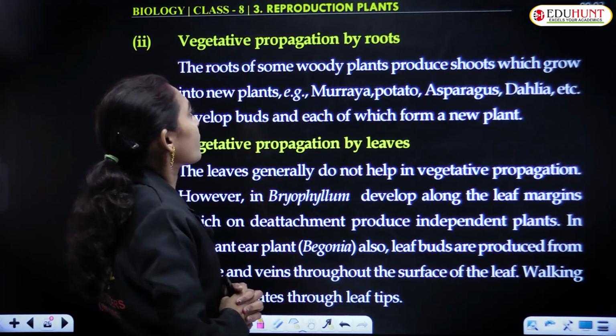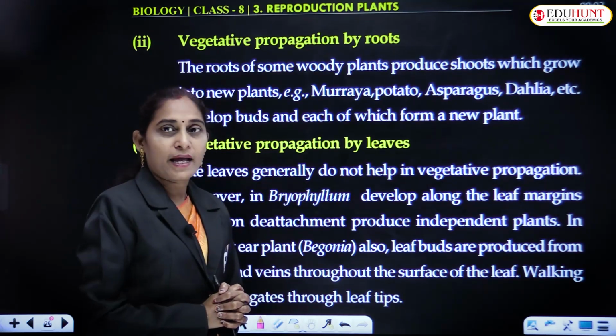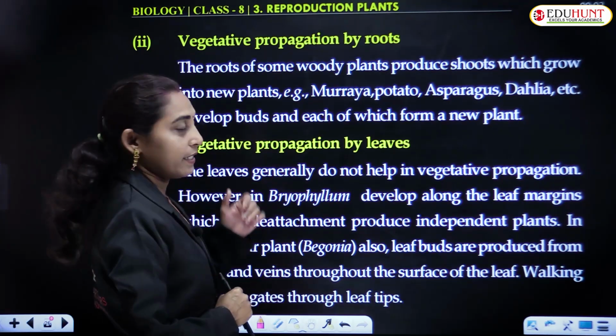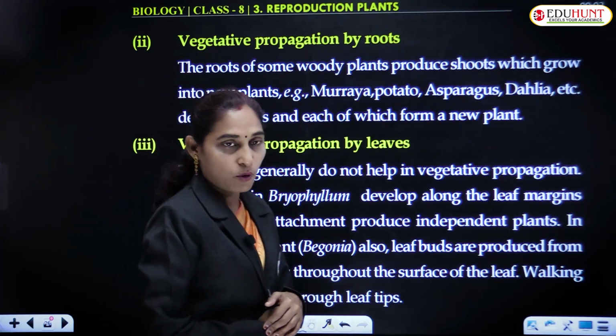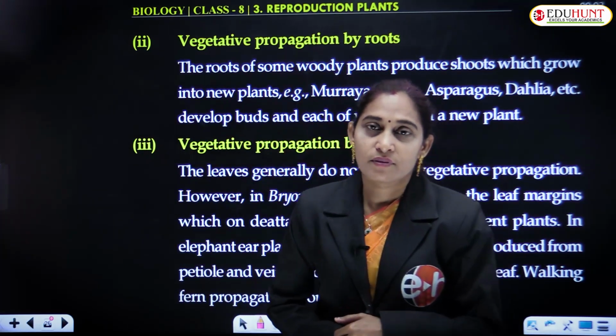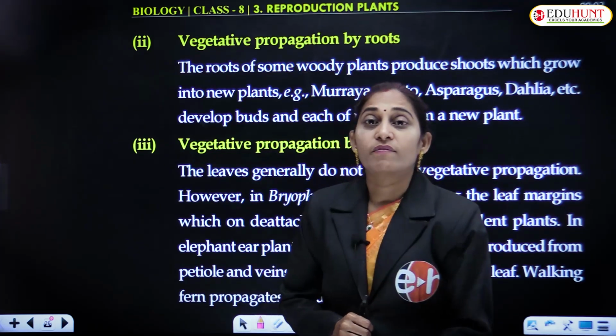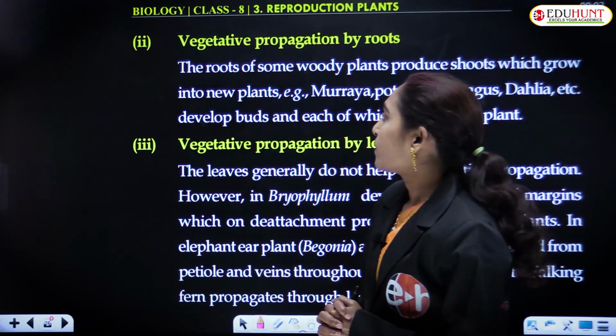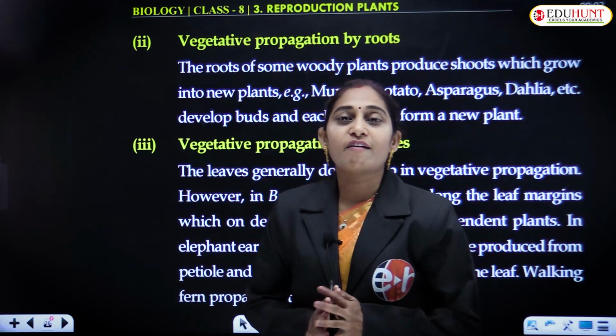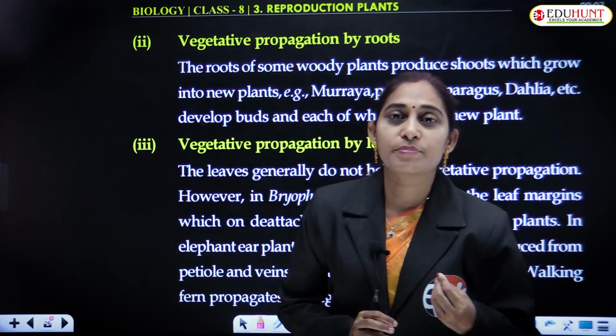Let's see vegetative propagation by roots. First we have seen vegetative propagation by stem, and now vegetative propagation by roots. In the previous class I mentioned so many examples.